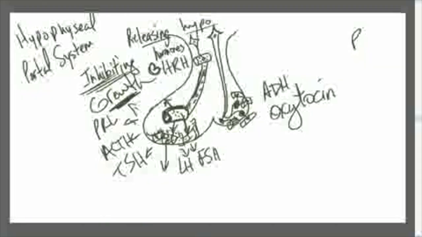Growth hormone. That's a G, not a heart. Growth hormone releasing hormone. Hey, guess what controls the release of prolactin? Prolactin releasing hormone. Guess what controls the release of adrenocorticotropic hormone? ACTH. RH. Do you see how you just put a RH on it and you get the name? So there is a releasing hormone for each of those, kind of, sort of.